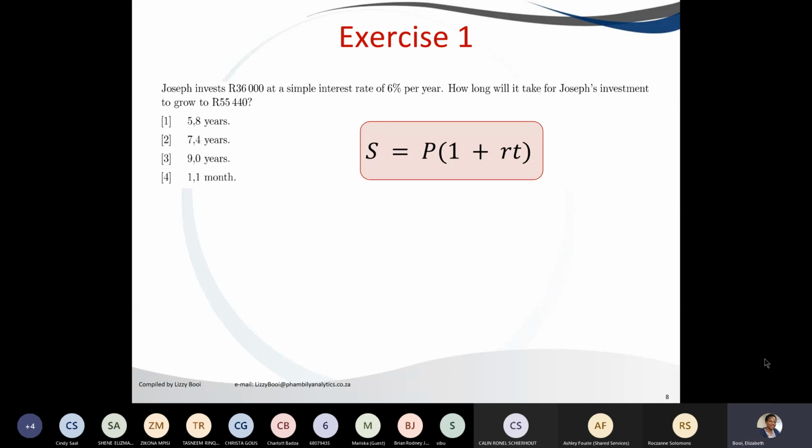Is there an answer that is different? So everybody agrees.